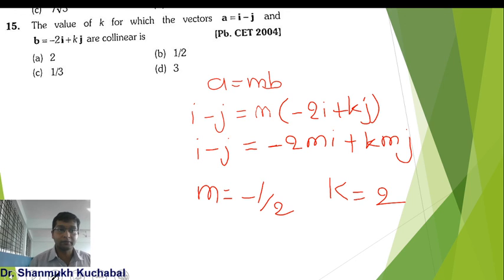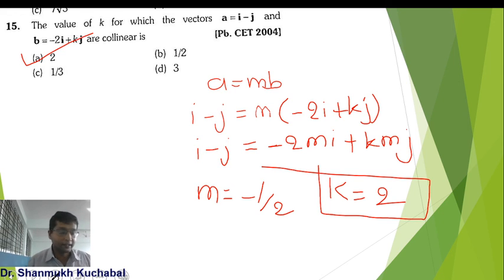Then we resubstitute, and we get the value of k as 2. Therefore option A is the right answer. So like this we have to simplify it.